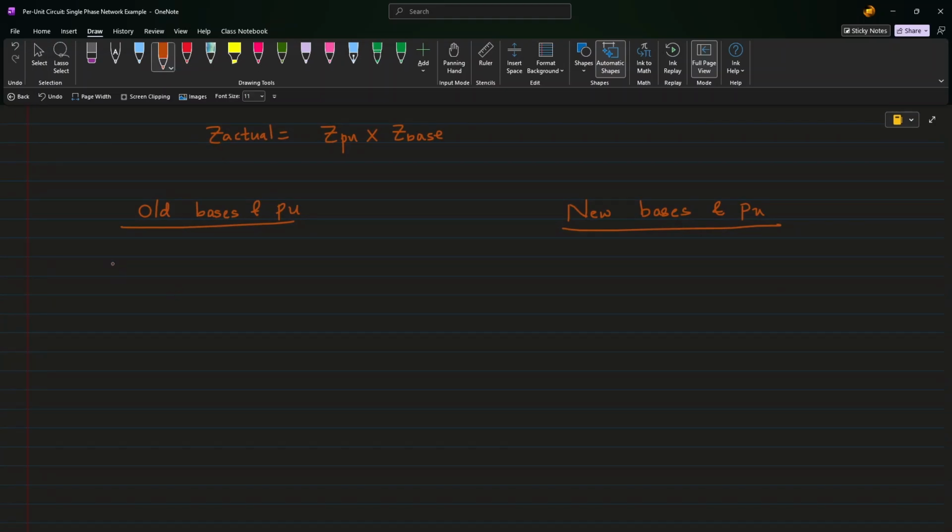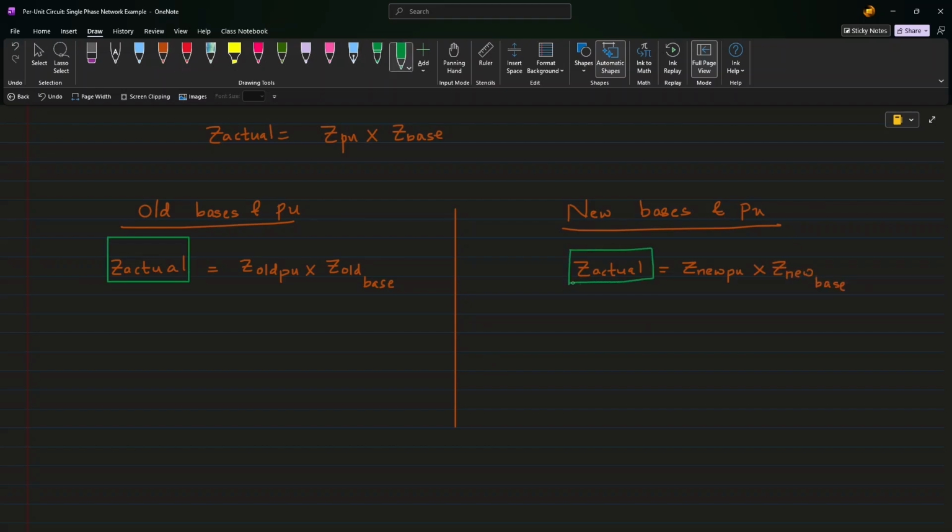In either case, the actual impedance of the transformer does not change, since of course the transformer remains the same. So for the old side, you can write the actual impedance as follows. Similarly, on the new values side, you can once again denote the actual impedance Z actual now using the new values. In both cases, the actual impedance remains the same.